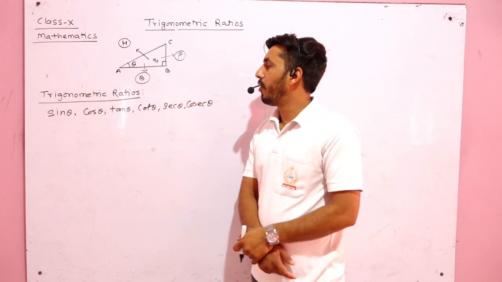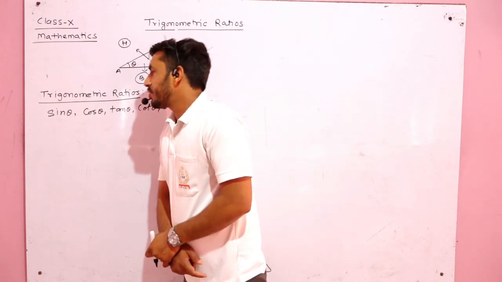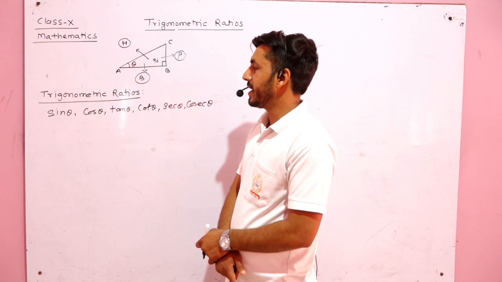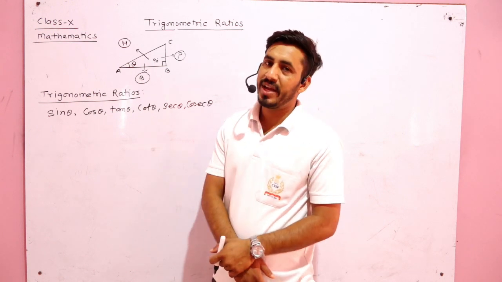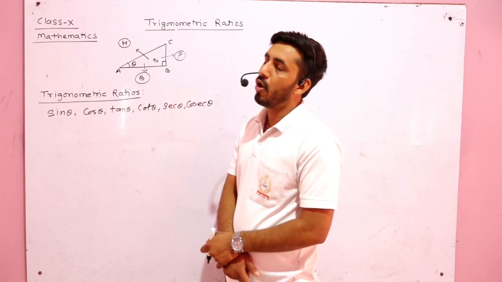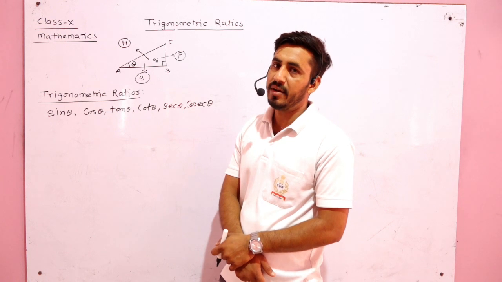These are the trigonometric ratios. Then first we will find the relation, how we can find any trigonometric ratios in the terms of 3 sides, means hypotenuse, perpendicular, and base.